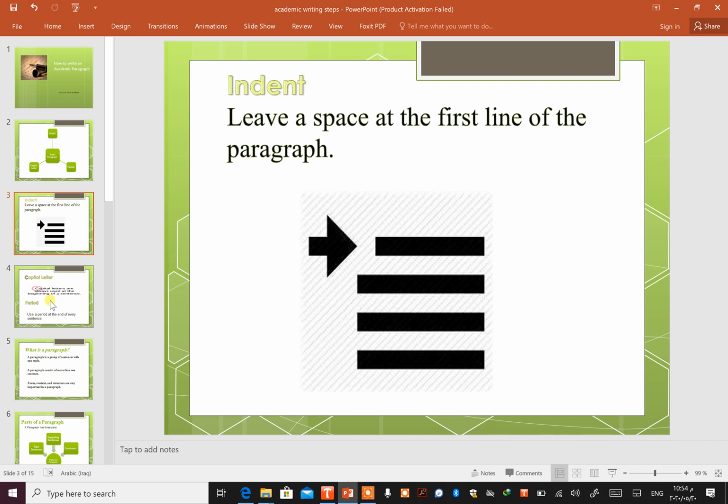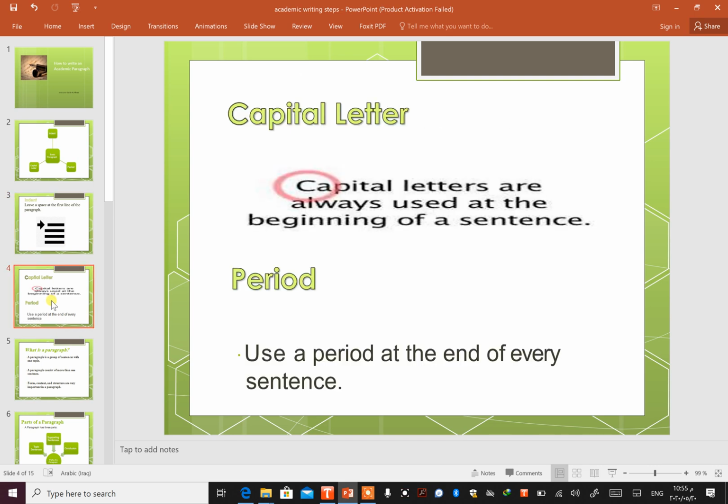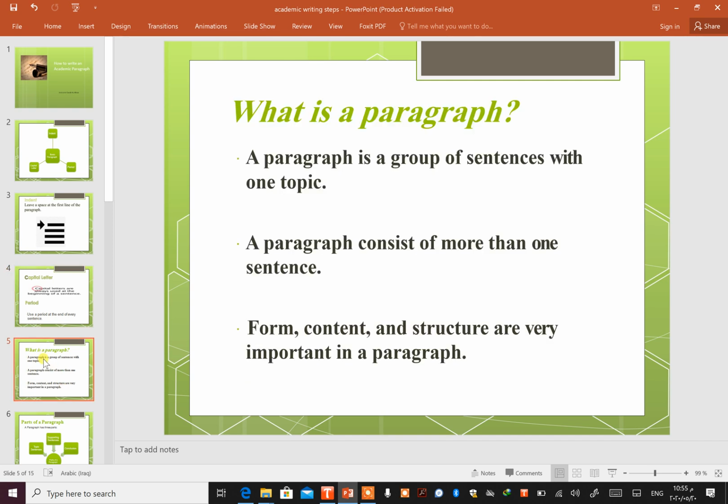Okay, and you have to follow the same form of the paragraph, especially when you write an academic paragraph and you need to hand it in, either academically or even in another field. So now we need to know what a paragraph is. A paragraph is a group of sentences about one topic.